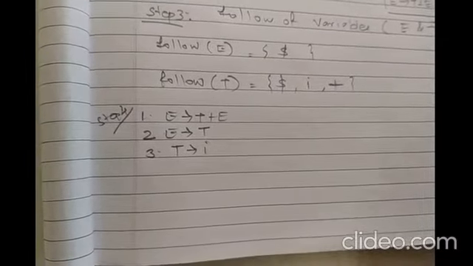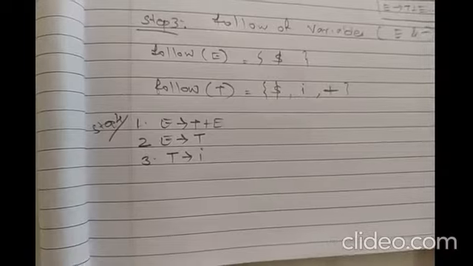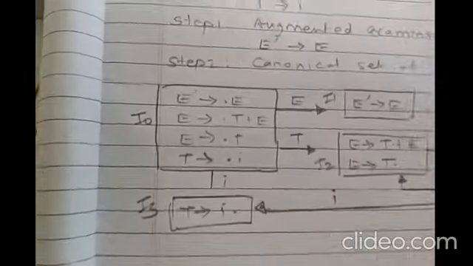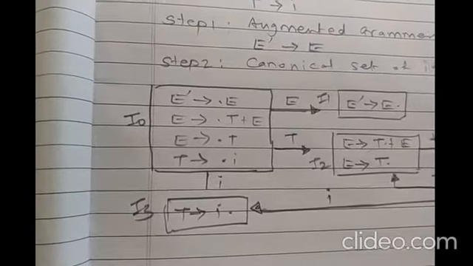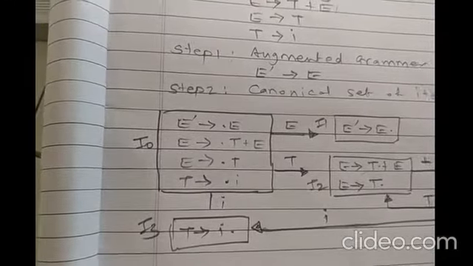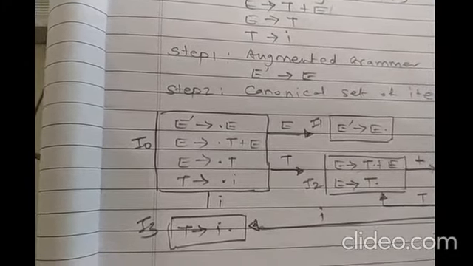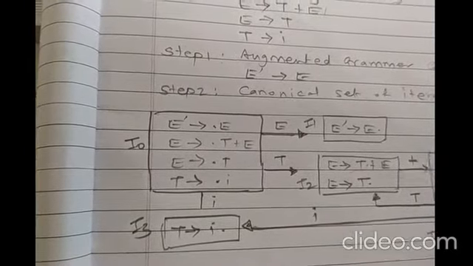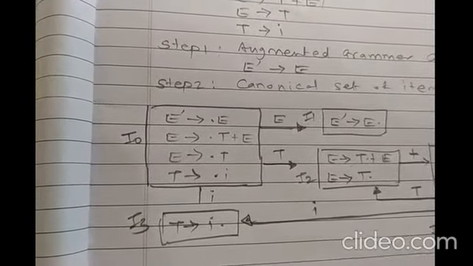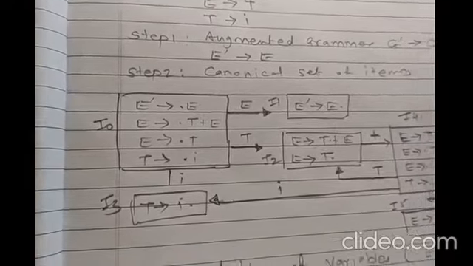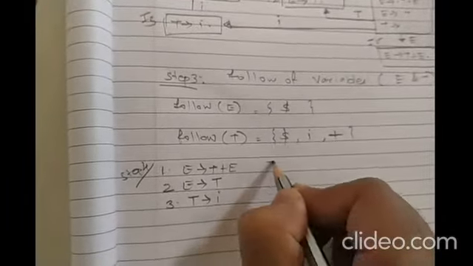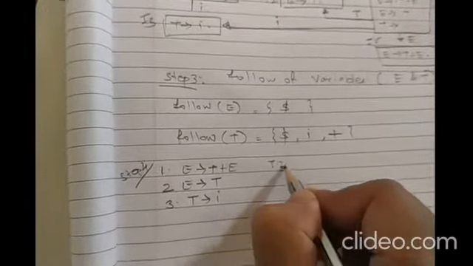Now identify the states which are having a dot at the end, called final states. So just look at the states that I will use as the last state. It will be I2, I3 and I5. So I'll write I2, I3 and I5. Why am I writing this? Just see.